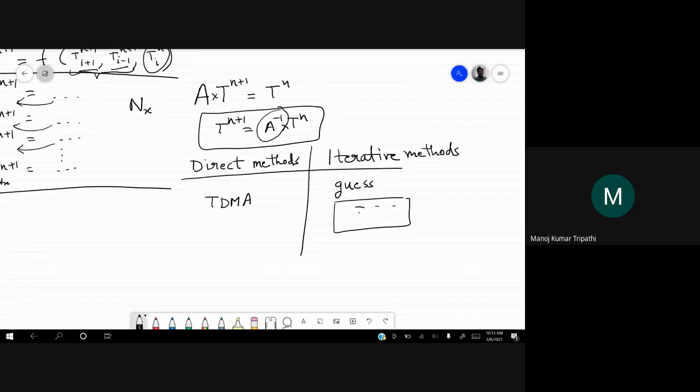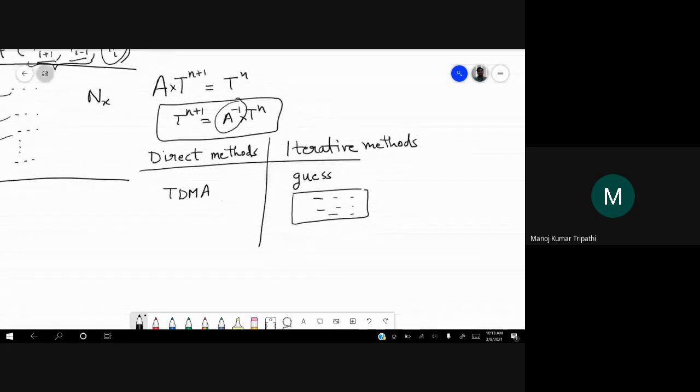So you find out the solution. Let's say you have an intermediate solution, T^k at time step n+1, because you want to find out T^(n+1). So it is the kth iteration value T^k_(n+1), for a particular grid point I at the kth iteration.